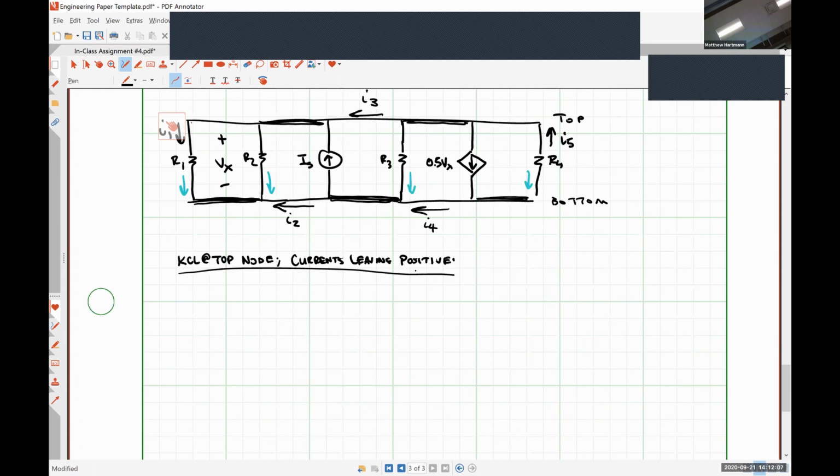I don't care about the resistor values. I want an Ohm's law expression that relates this current that I've drawn in blue, green, or whatever, to the voltage Vx. Okay, that's absolutely right. What about the current flowing down through resistor R2?